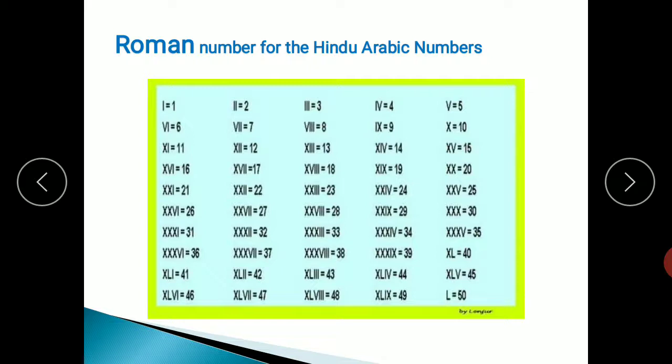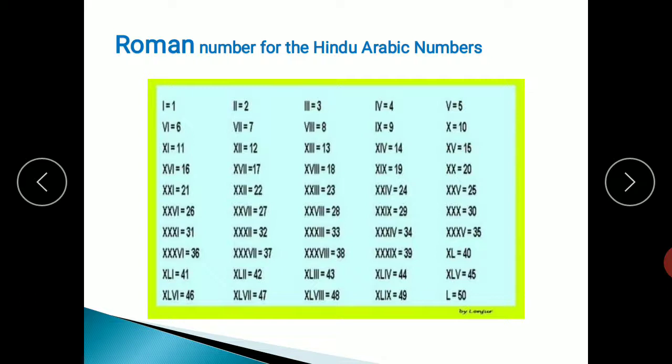What I said in rule number 1, whatever number we take, it will repeat only 3 times: 1 I, 2 I, 3 I, enough. Then 5 minus 1 will become 4. Got it, children?